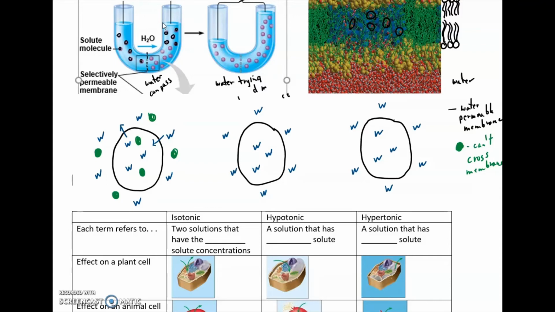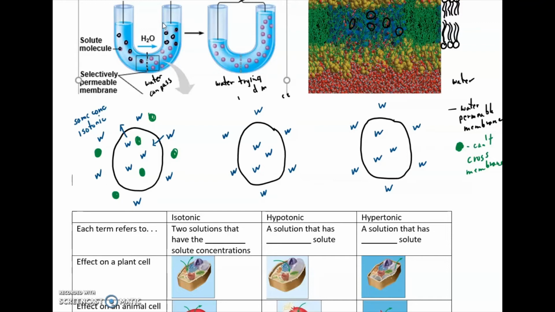So this solution has the same concentration, and we call it isotonic. And the cell maintains its shape. The cell does not change.